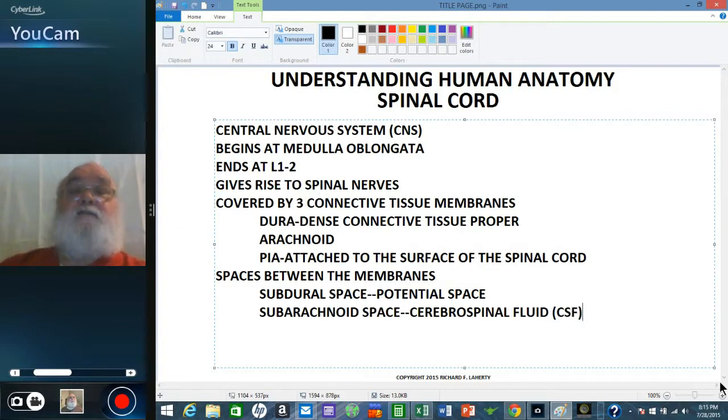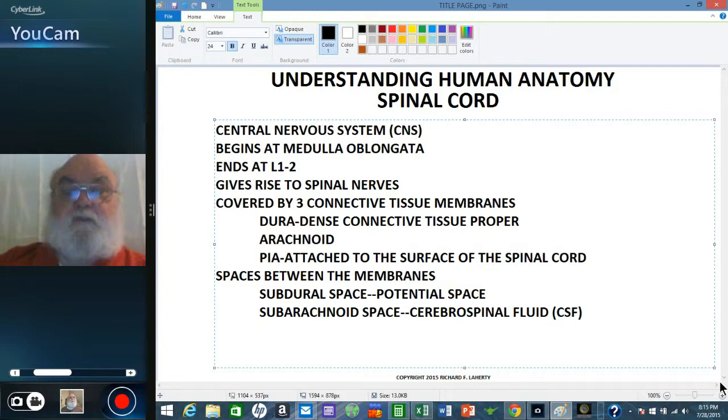And it bathes the entire central nervous system and helps support the central nervous system. Our central nervous system is floating in fluid, both the brain and spinal cord, and it's floating in cerebrospinal fluid.